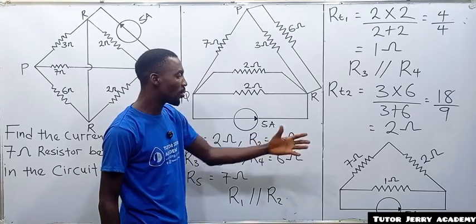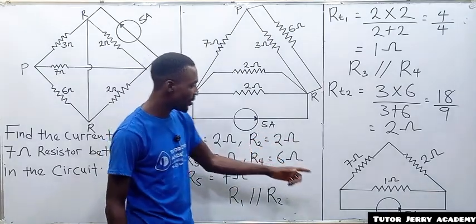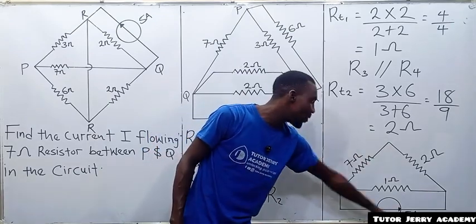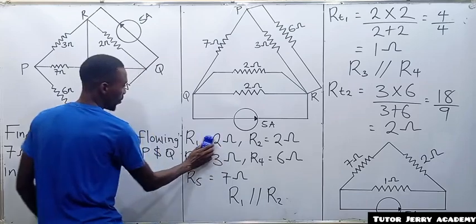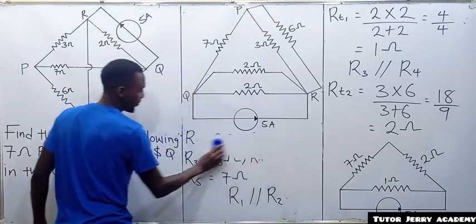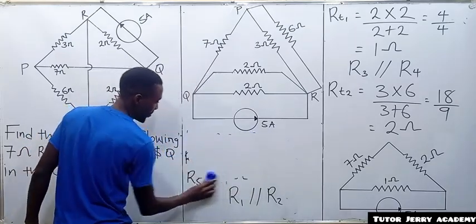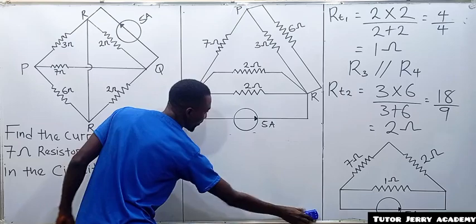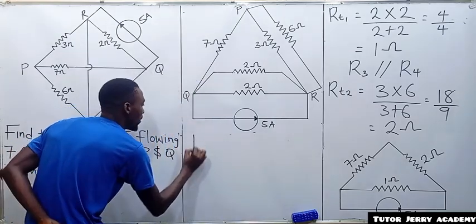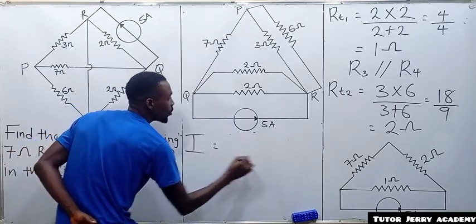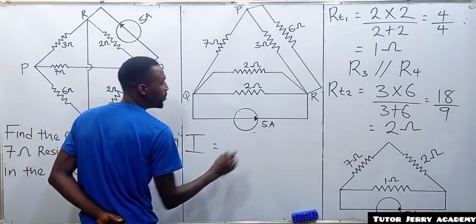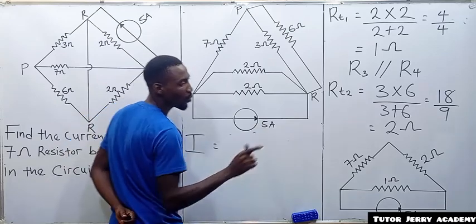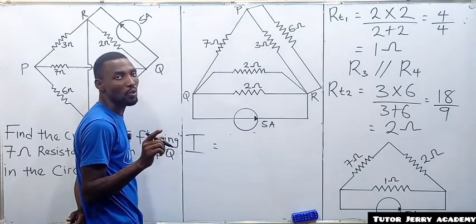And we already know that the total current entering this circuit is 5 ampere, right? So let's just solve that here. So the current I that is passing through these 7 ohms is going to be 1 plus 2. 1 plus 2 is what?